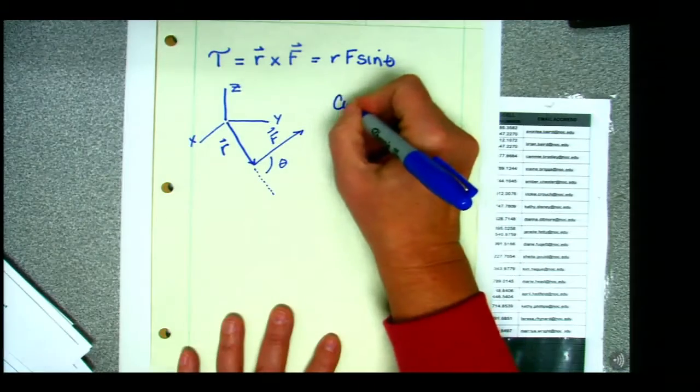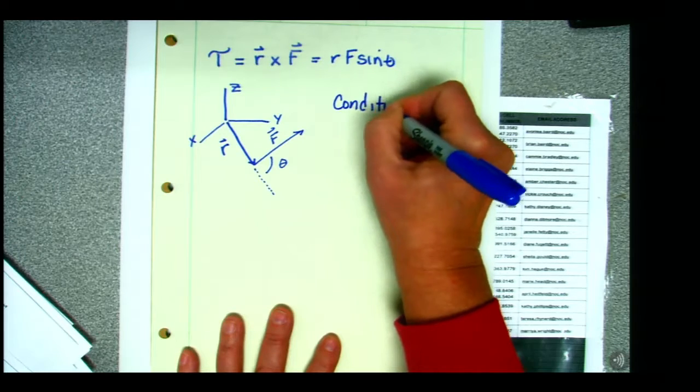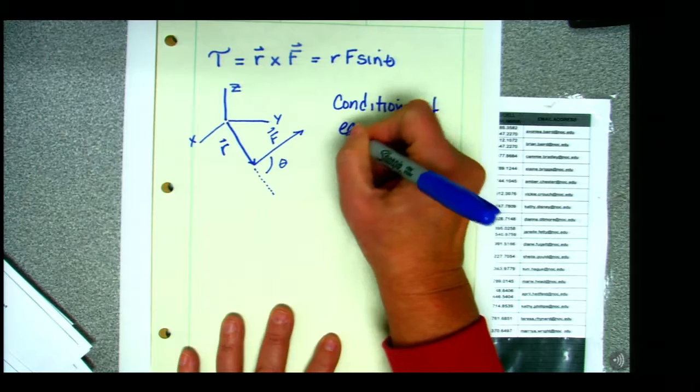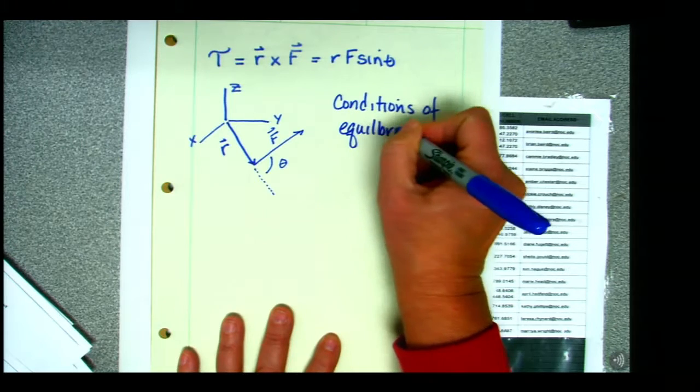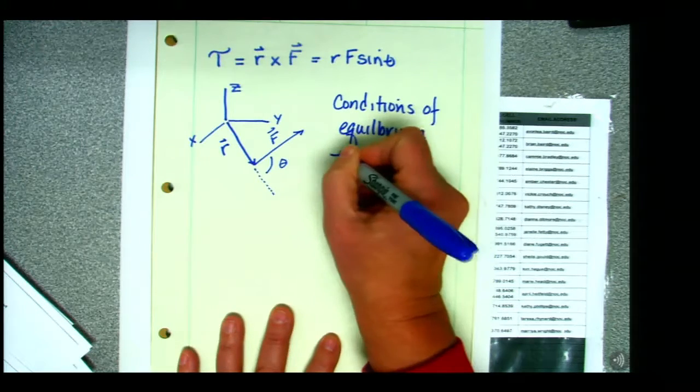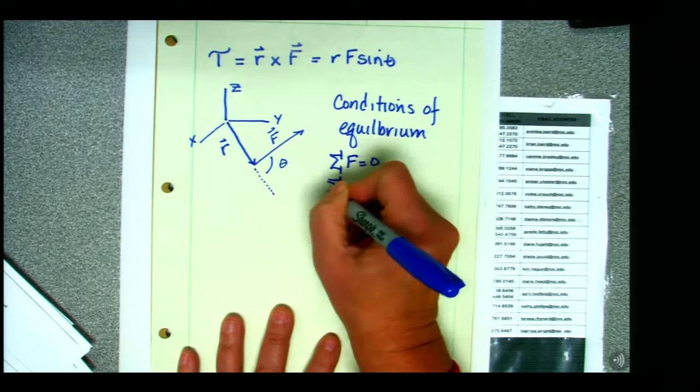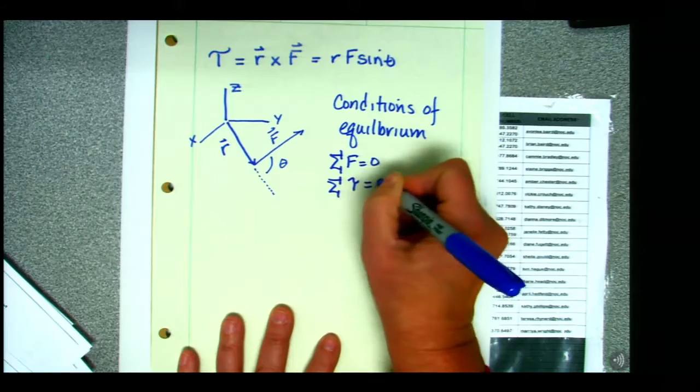We've talked about conditions of equilibrium. Those conditions were that the sum of the forces has to equal 0 and the sum of the torques has to equal 0.